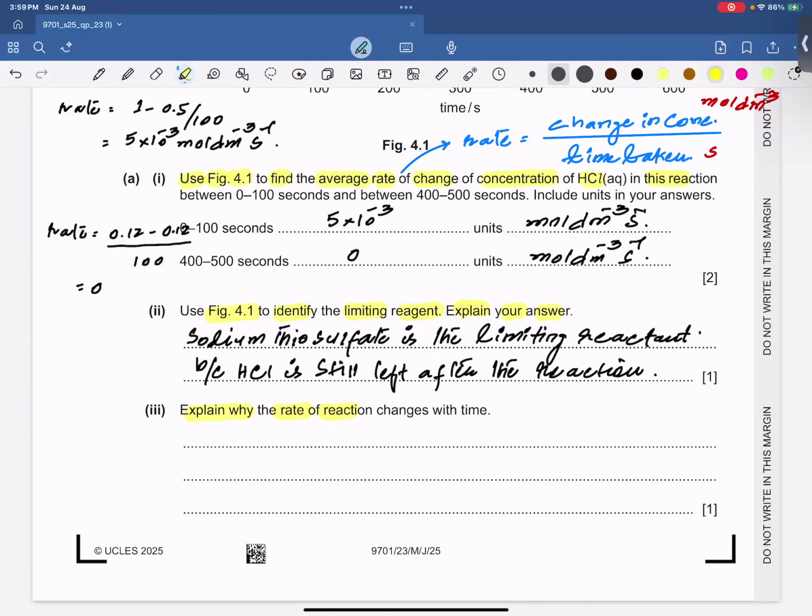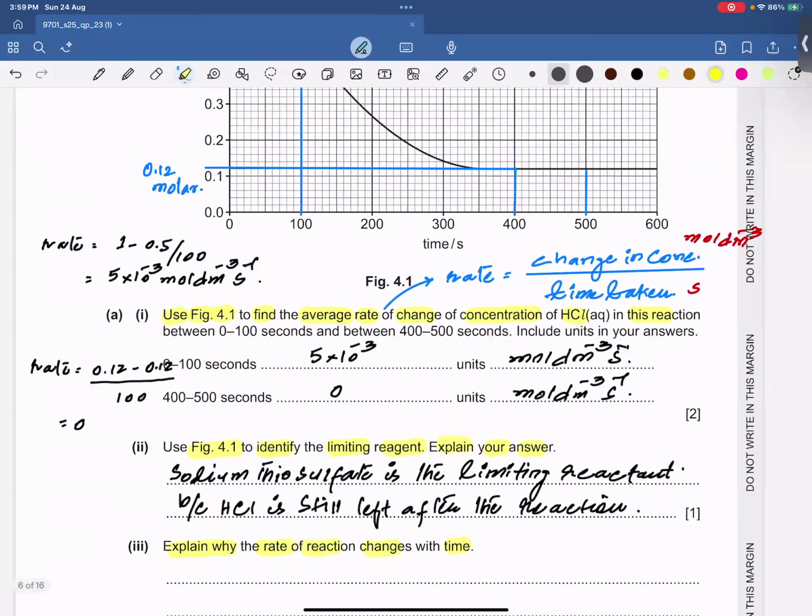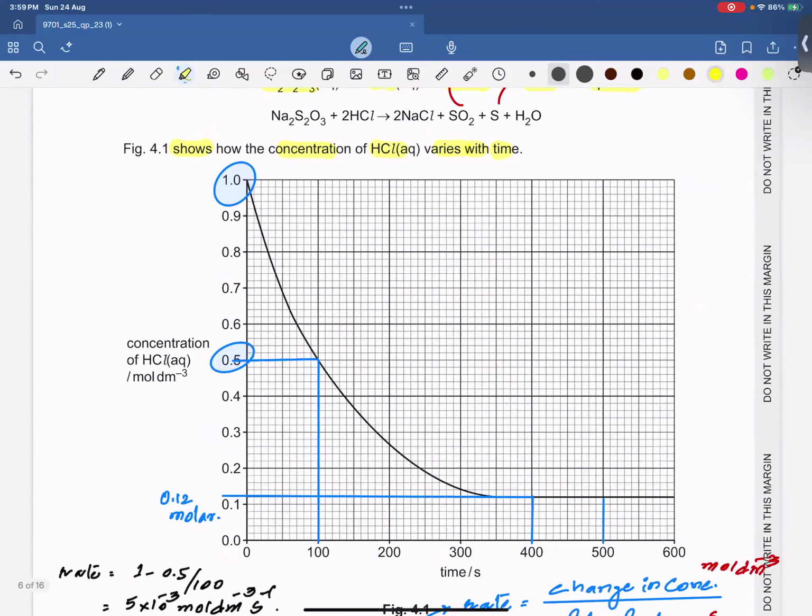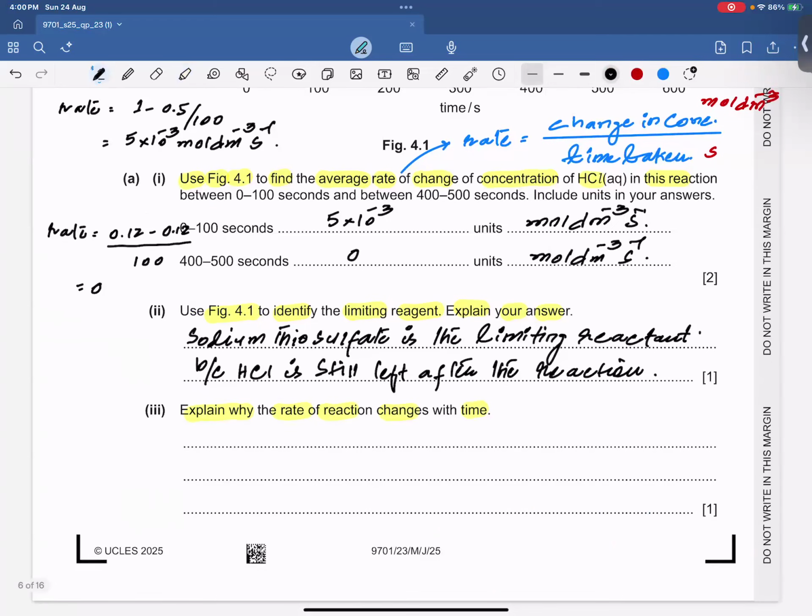Explain why the rate of reaction changes with time. As the concentration of HCl decreases with time, it decreases the gradient and so decreases the rate of reaction. As the concentration of HCl decreases with time, collision frequency decreases.